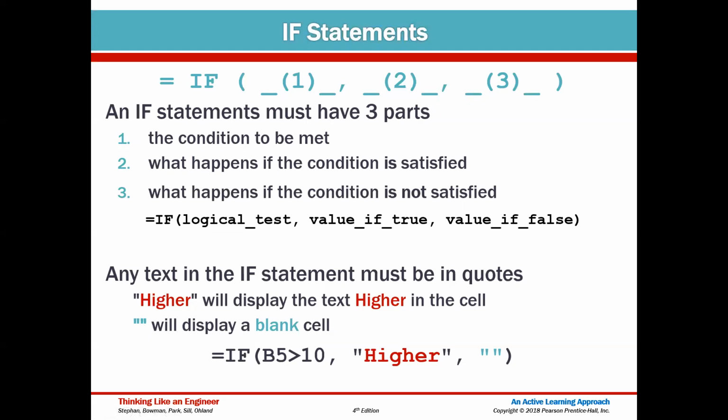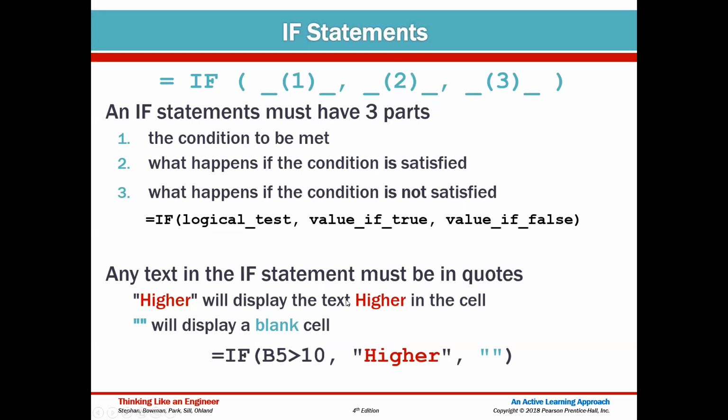And so this could be outputting something in the form of a word. It could be outputting a numeric value. It could be outputting a blank cell. Like I said earlier, it could mean nesting a second if statement in this, if you have a second condition that needs to be met if it's true. So any text in an if statement must be in quotes, and really that stands for all Excel.